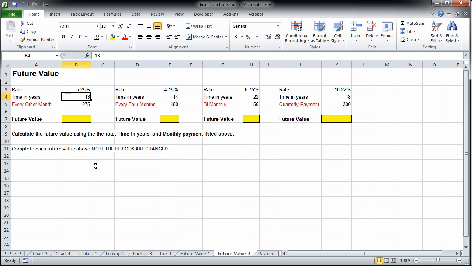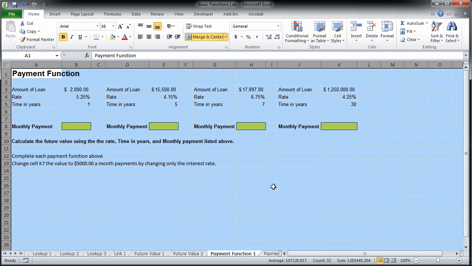So in 13 years, I'll make 6 times 13 payments, right? 6 payments a year times 13 years. Notice here, every 4 months, bi-monthly, twice a month, and quarterly, 4 times a year. So I'm going to leave that to you to figure out.